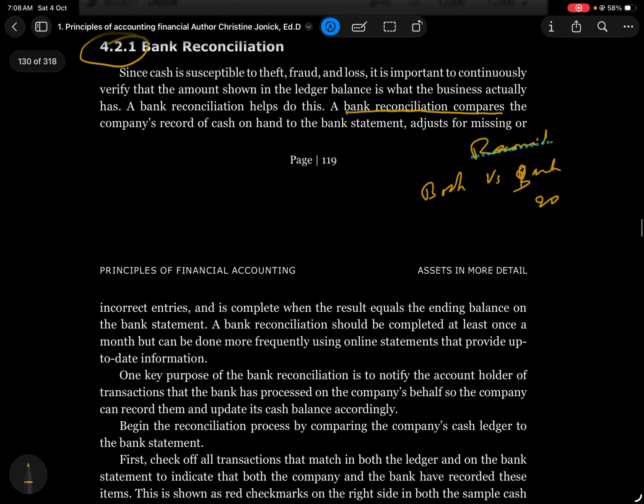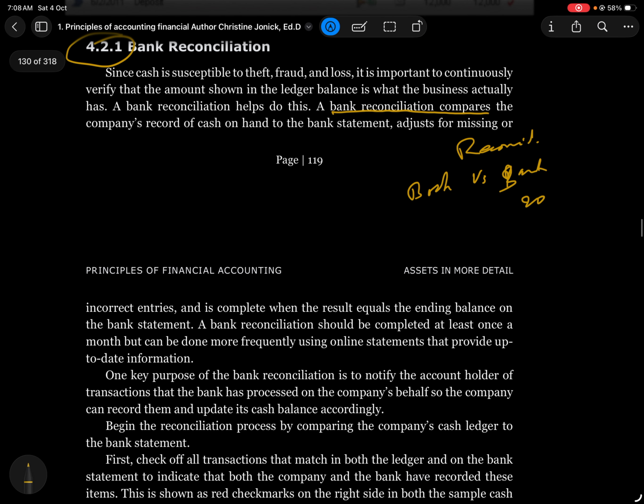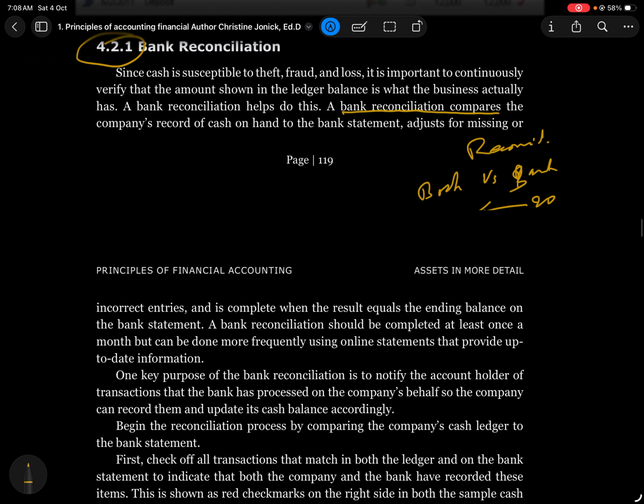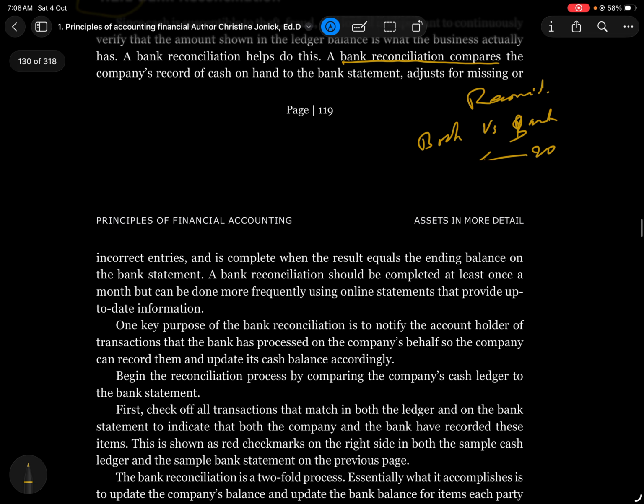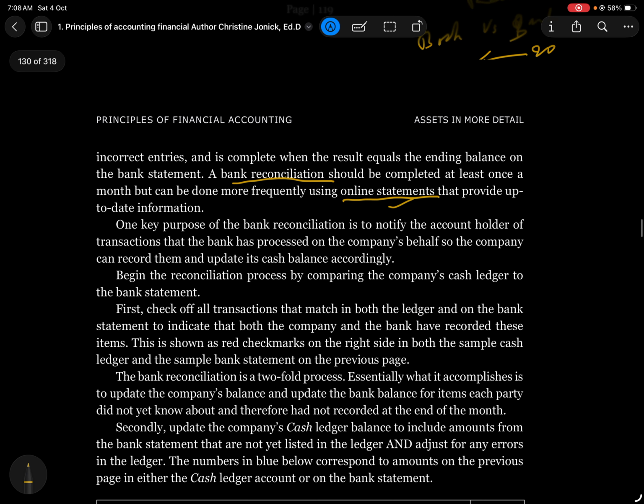So whenever we get the statement, we pass that entry into our books as well, so that our books' bank balance and the actual bank balance are similar. Bank reconciliation should be completed as per company policy. Somewhere it's monthly, somewhere it's different, right? But with online statements, it's easier.